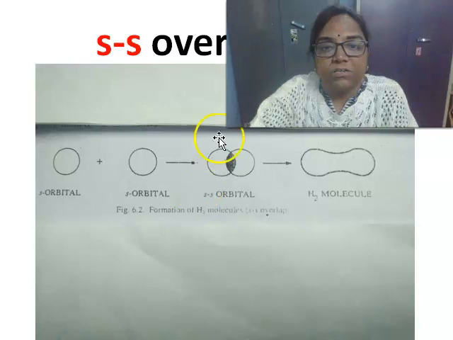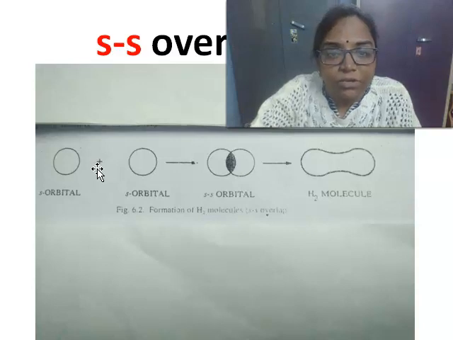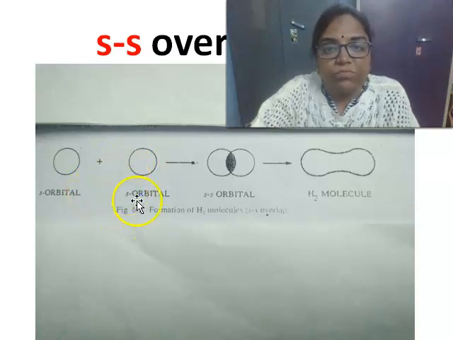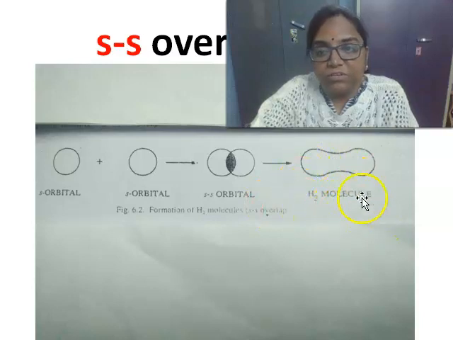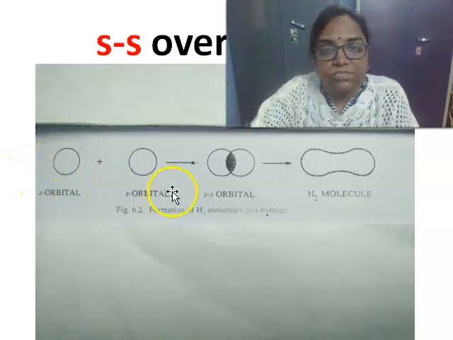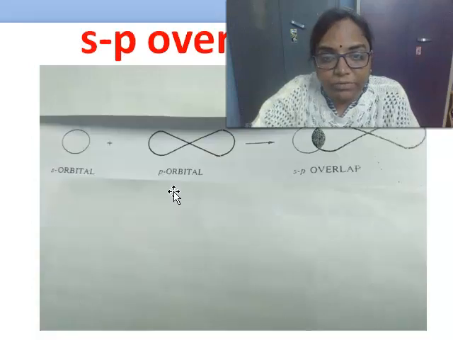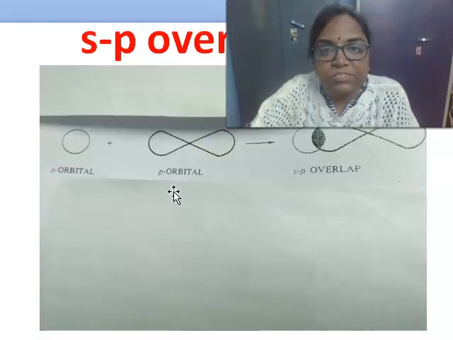First we'll see the s-s overlapping. In this type, one s orbital overlapping with another s orbital gives you the s-s overlap. The familiar example is how the hydrogen molecule is formed from two s orbitals. Next comes the s-p overlapping.